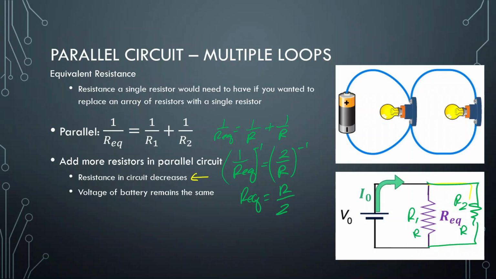And I can see that if I keep adding more resistors, my equivalent resistance is going to get smaller and smaller and smaller. And the reason for that is I'm actually creating multiple paths for the current to pass through. So it's almost like making my wires fatter and fatter, because we said that our resistance is equal to rho L over A. And we basically said if our cross-sectional area gets bigger, our resistance goes down.